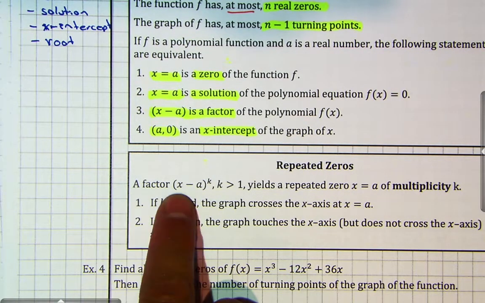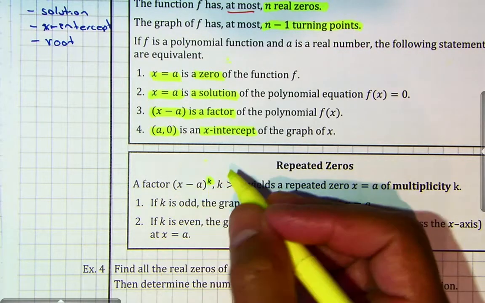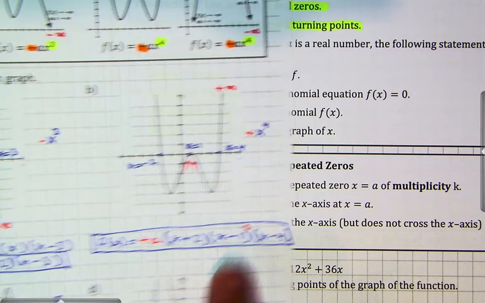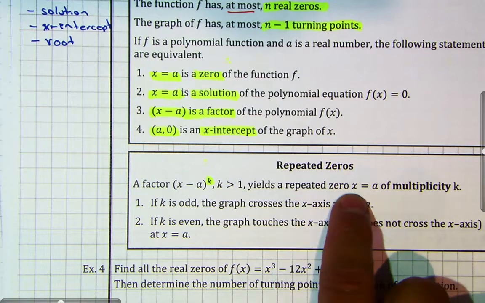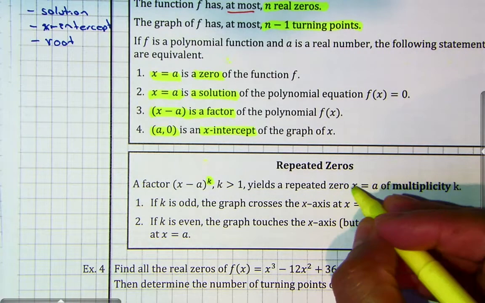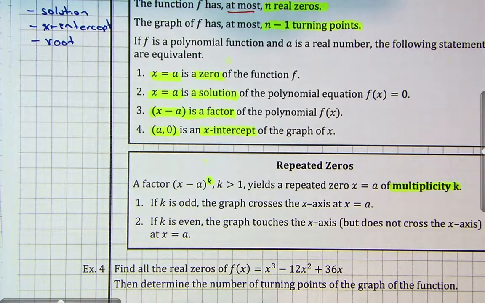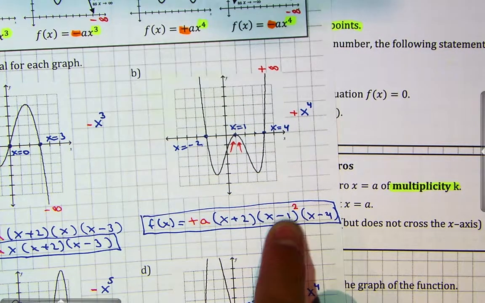Now for the next callout, we also have talked about the repeated zeros. A factor x minus a, where we have an exponent such as the second power, and we want k to be greater than 1, yields a repeated zero, x equal to a with multiplicity of k. So therefore, we say that this x minus 1 has a multiplicity of 2.